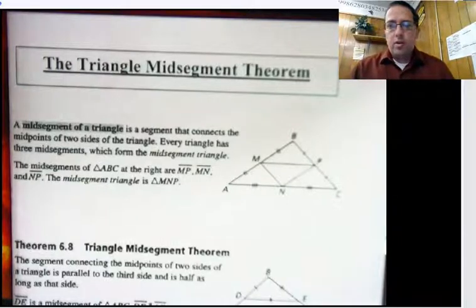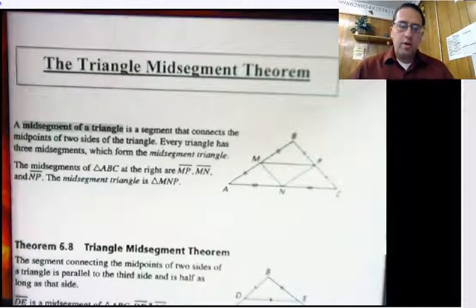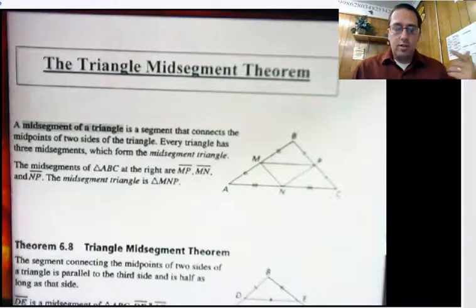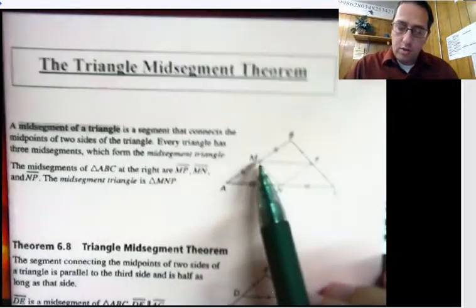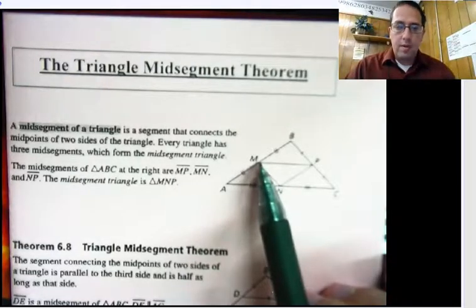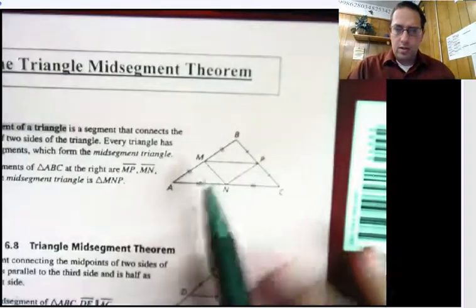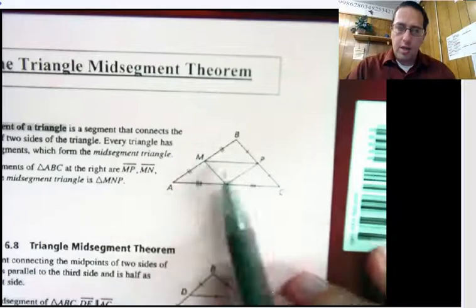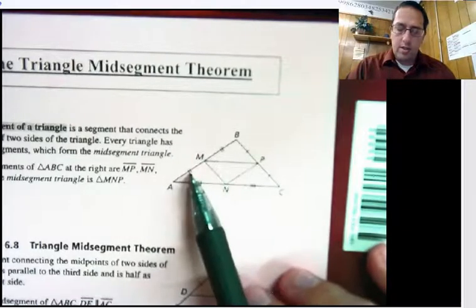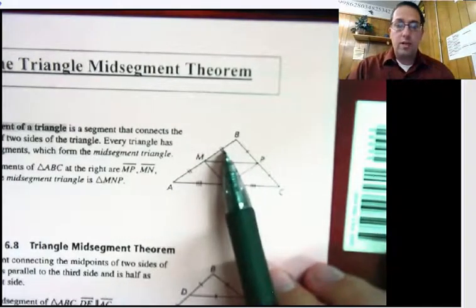Now, before we can talk about the triangle midsegment theorem, we have to talk about what a midsegment is. Very simply, a midsegment is a segment that connects the midpoints of two sides of a triangle. So it's the midsegment because it connects midpoints. Point M is a midpoint of side AB, and we know that because AM is marked congruent to MB.